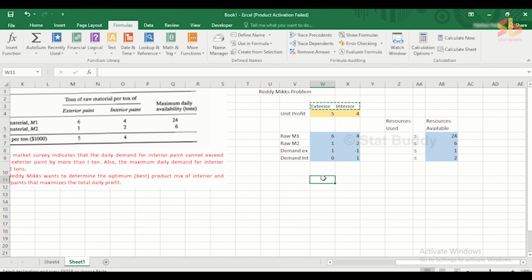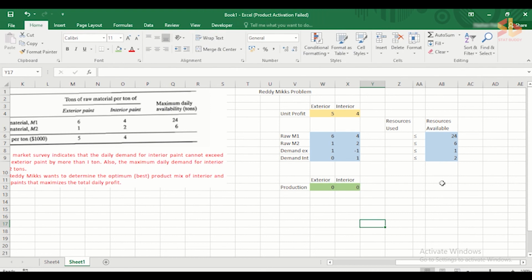Now I need to define two cells for my decision. Production is my decision. What are the numbers for these two cells? We don't know it at the beginning, so I'm using 0 and 0, and we have to maximize the profit.